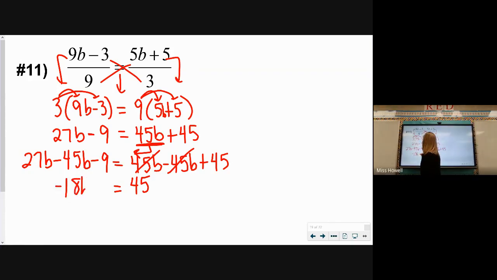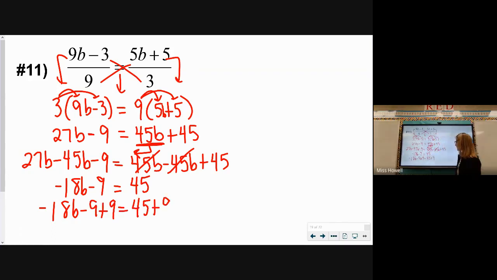And then once we get here, since b did not disappear, it's not a special case, we have to keep solving until we get what b equals, and it's a 2-step problem. So we're going to add 9 to both sides, getting started with our inverse operations. And then we'll have to deal with the fact that we have a times negative 18 on our side still with b. All right, 45 plus 9 more would give us a new total of 54, my bad.